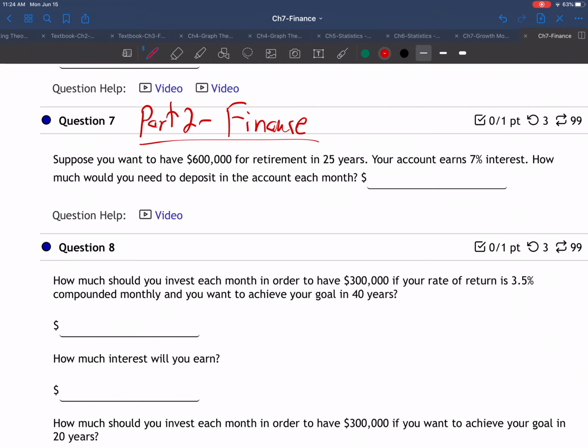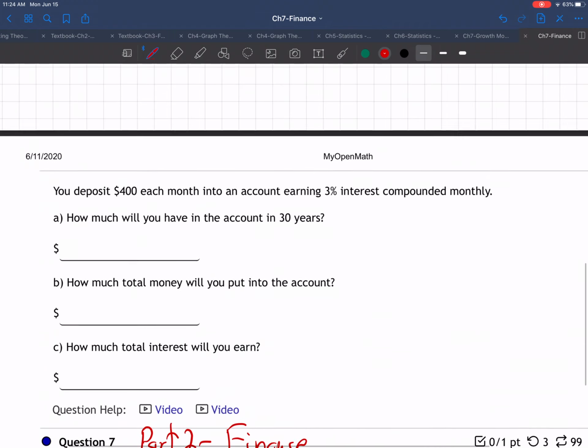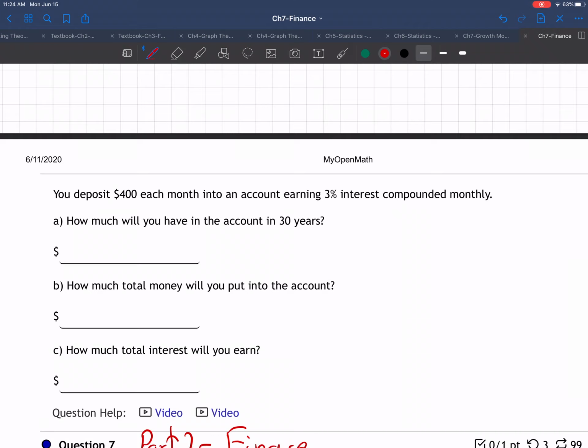Part 2 is about finance. And so we have a question here. Let me back up, which question do I want to do? This would actually be the best one right here. Part 2 in finance. This is actually question number 6.